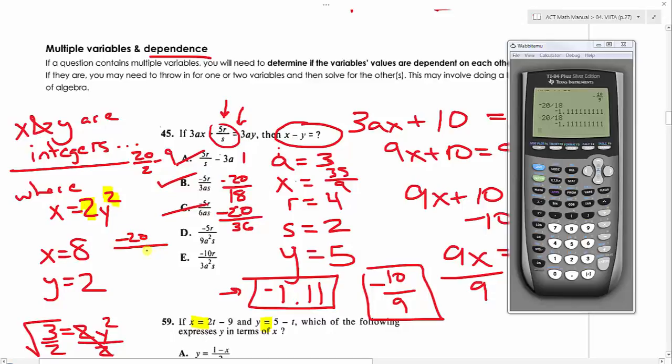That is 9 times 9, which is 81, times s, which is 2, so that is 162. Negative 20 over 162. That definitely doesn't work. And then answer choice E, negative 10r, is negative 40 over 3a squared, so that's 3 times 9, which is 27, times 3, which is 54, and that's less than 1, so that's not going to work.